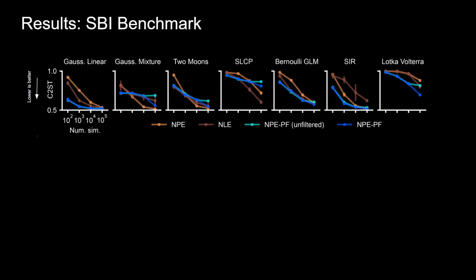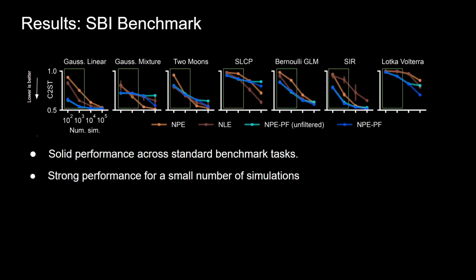We compare our method NPE-PF to some baseline methods from SBI. The details of how they work don't really matter, but as you can see, NPE-PF is at least competitive. There are areas where it's better and areas where it's worse, but what really catches the eye is that it's very good if you only have few simulations. On the x-axis, we always have the number of simulations used to learn the posterior estimator.